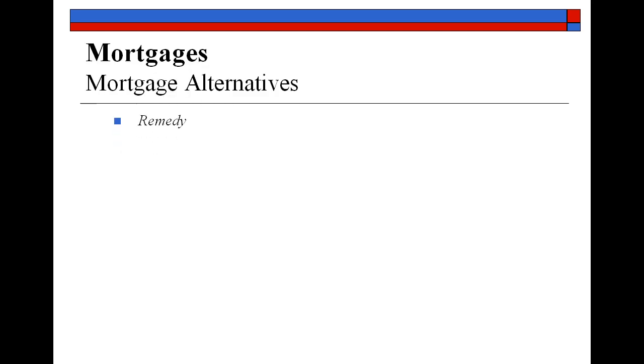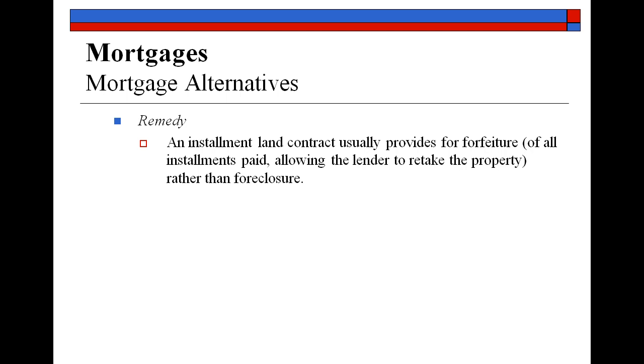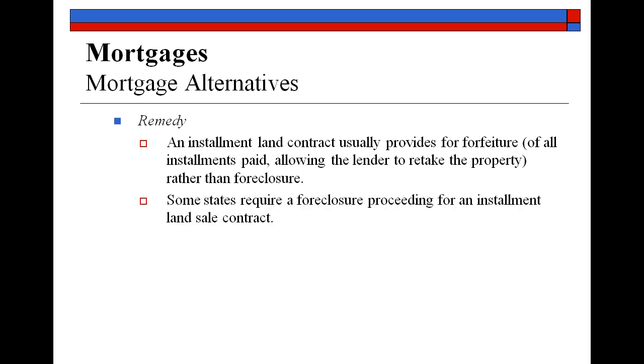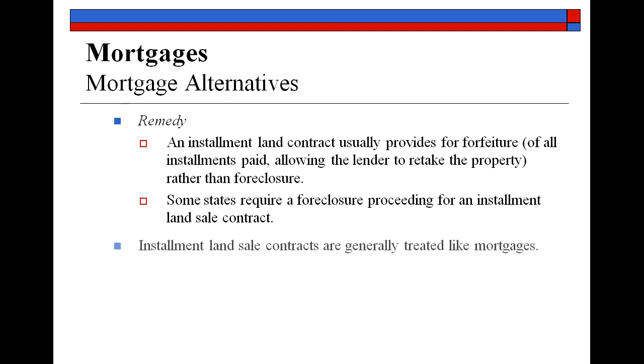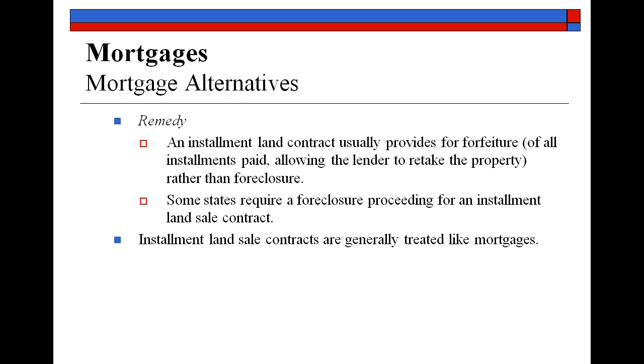In an installment land sale contract, foreclosure generally isn't used. Instead, the contract provides for forfeiture of all installments paid, which allows the lender to retake the property. However, some states do require a foreclosure proceeding even in a land sale contract. And once again, today, installment land sale contracts are generally treated just like mortgages.